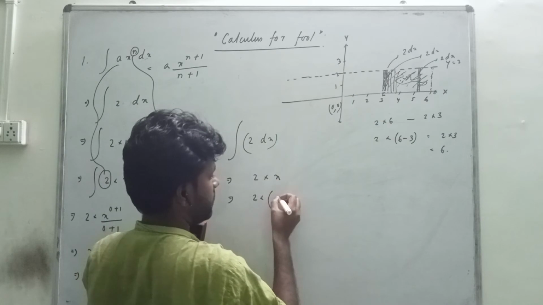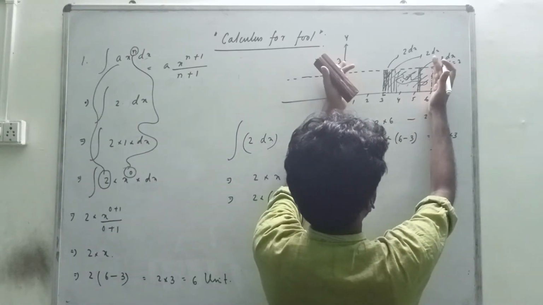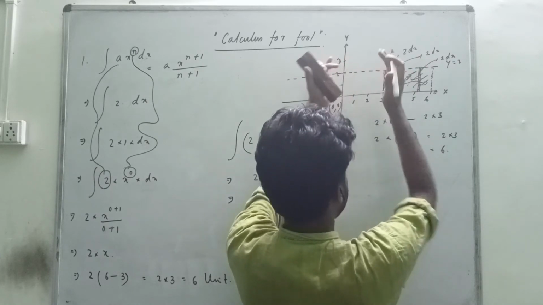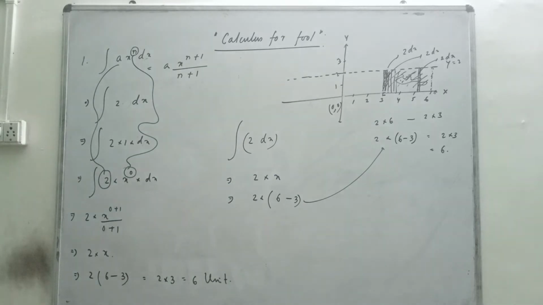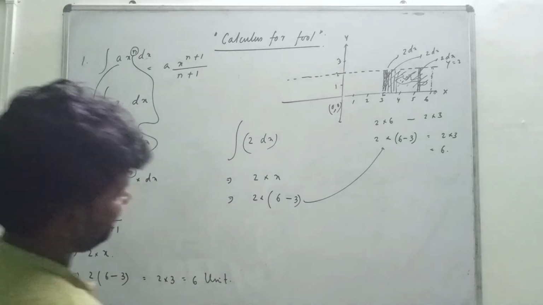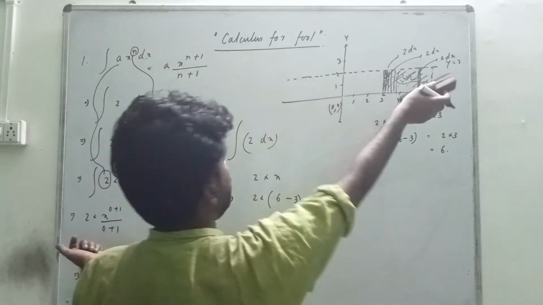So x means 6 minus 3. From x equals 6 to x equals 3, just it is, right? Okay, so it is just a calculation.